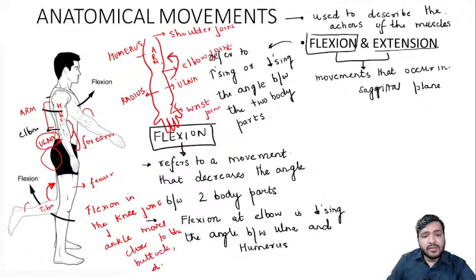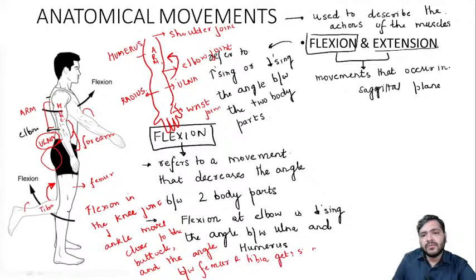And remember, the angle between the femur and tibia gets smaller. So ultimately you can see that flexion in the upper limb is simply the forward movement of a particular limb, where the angle between the two body parts is decreasing, and flexion in the lower limb is basically the reduction of the angle.